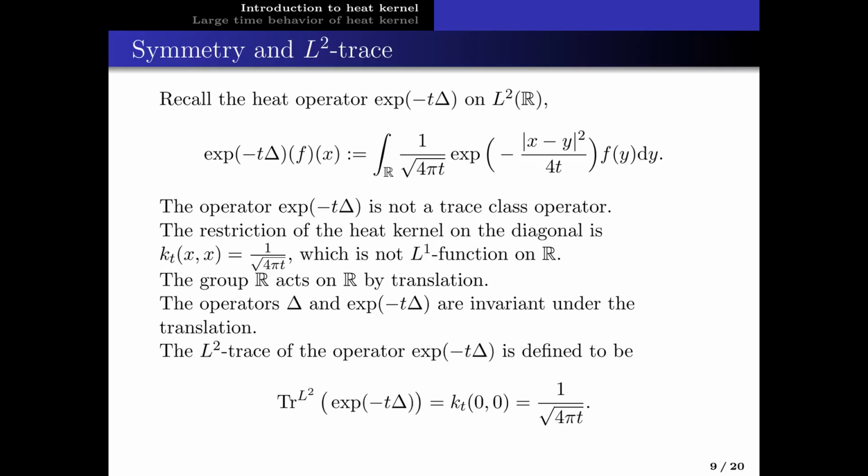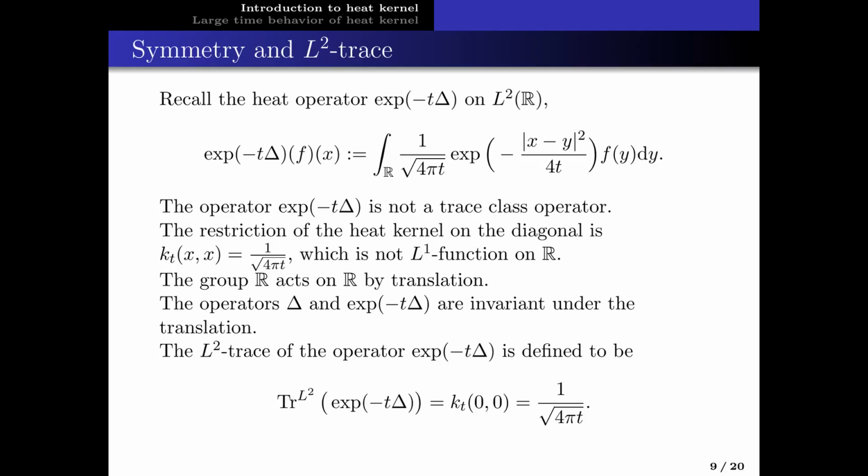So we can define the L2 trace by considering the value of our heat kernel at one point, at the origin of our group, the real line as a group.